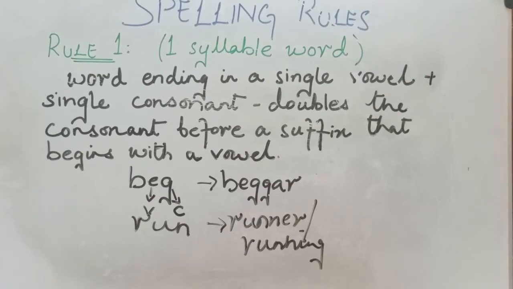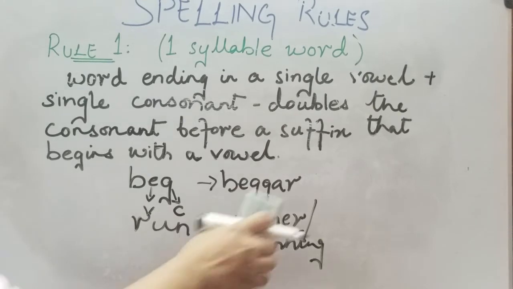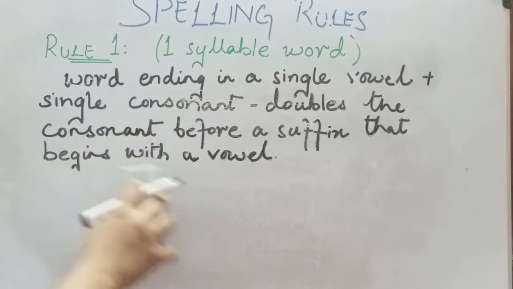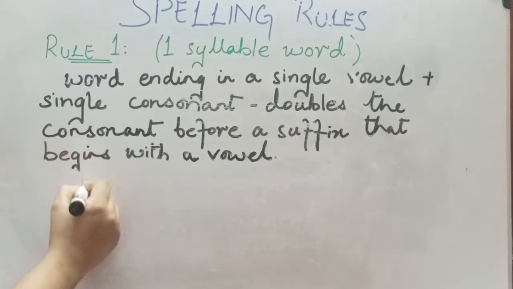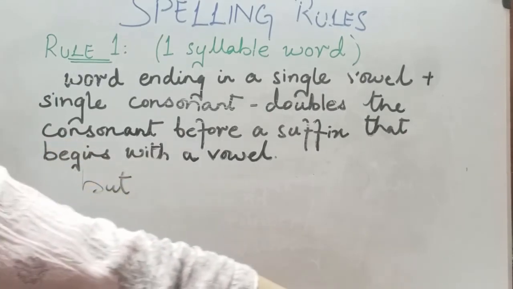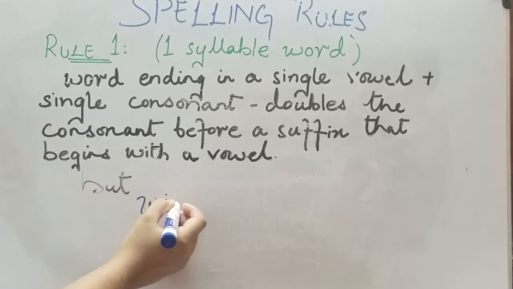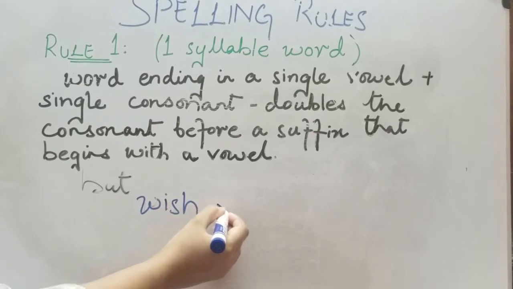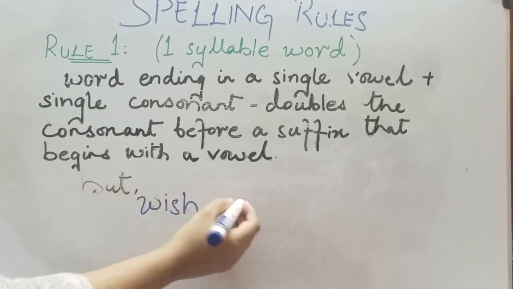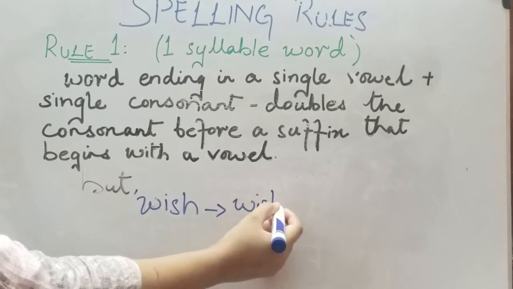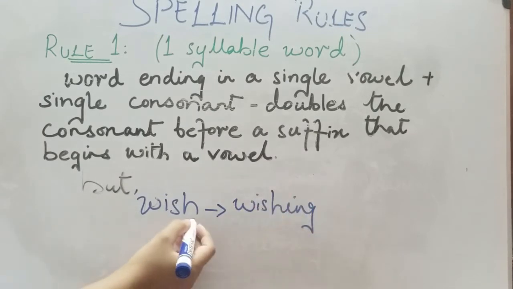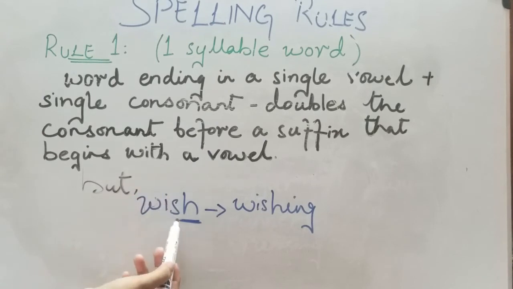But in some cases it might happen that wish, it's a single syllable, right? Wishing. So that means we are ending with two consonants, we don't have any vowel over here.